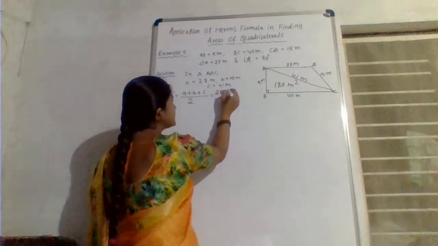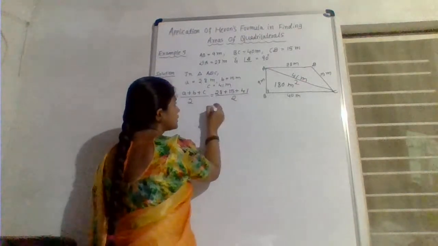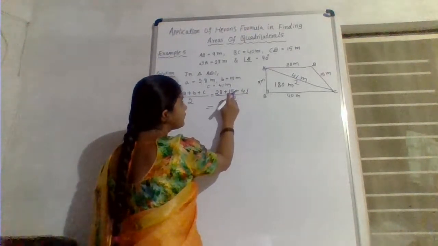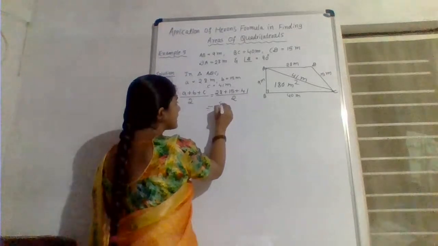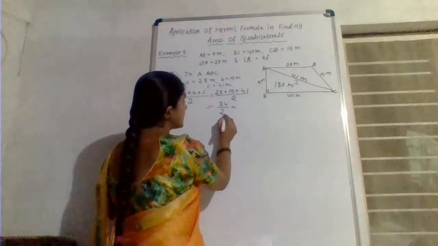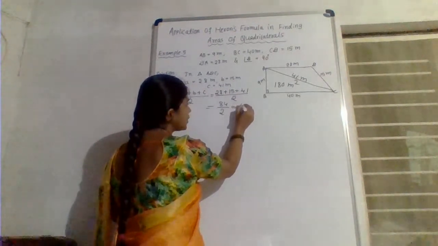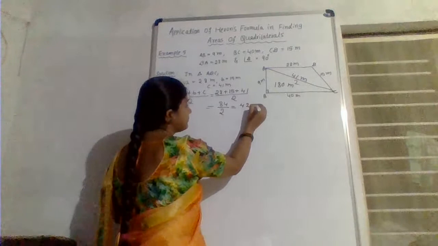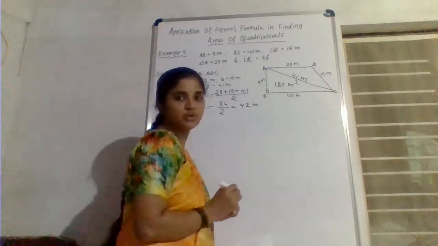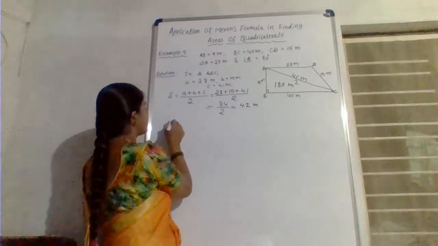That is 28 plus 15 plus 41 divided by 2. When we add 28, 15 and 41 we get 84. 84 divided by 2 is 42 meter. Got the idea of this one now? Now area of triangle.